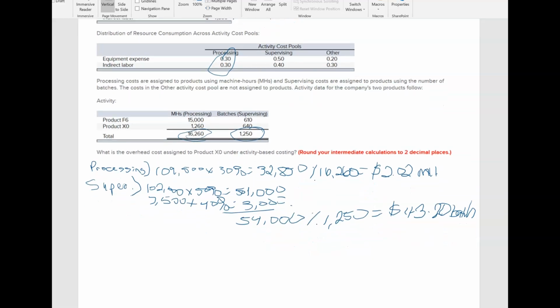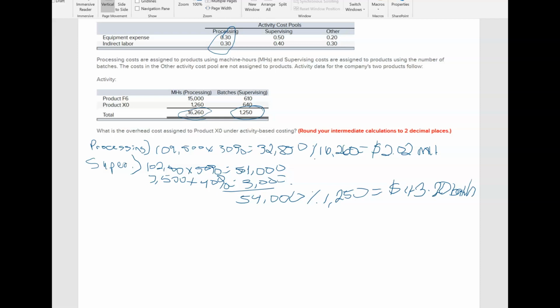Now that we have that calculated, we will go back to the processing and take that $2.02 predetermined overhead rate, multiply it by 1,260.